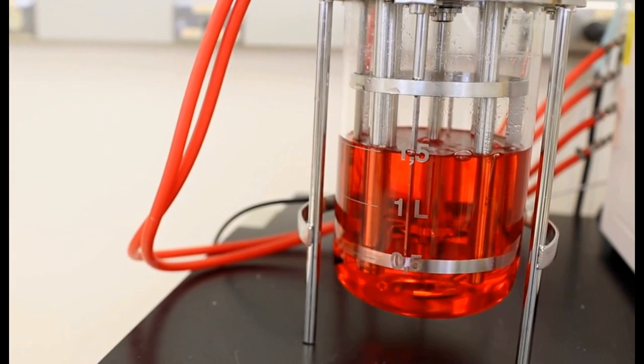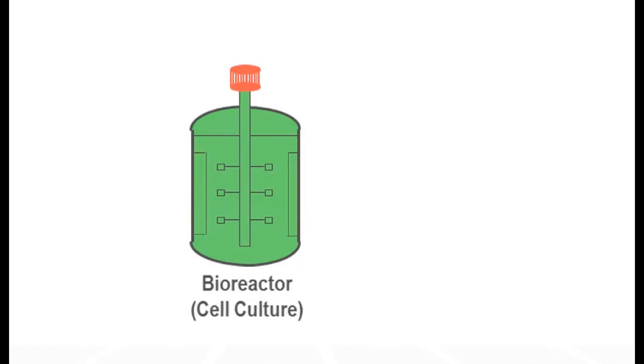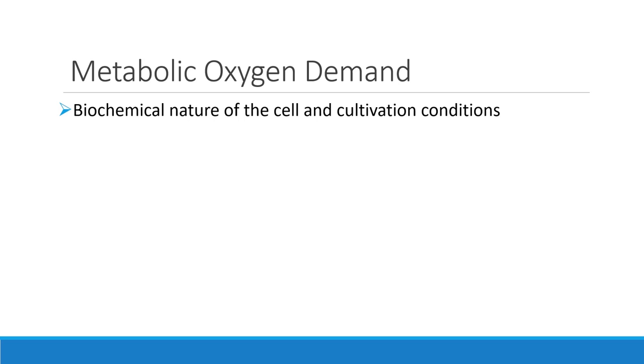The oxygen in the bubble gets dissolved into the medium and will be taken up by the cells for regulating various metabolic activities. The rate at which oxygen is consumed by cells in fermenters determines the rate at which oxygen must be transferred from the gas phase to the liquid phase.